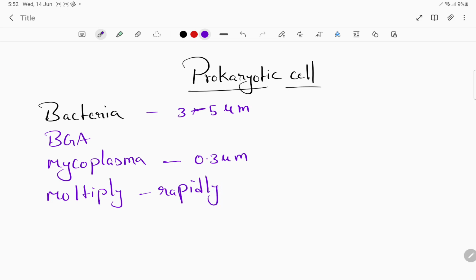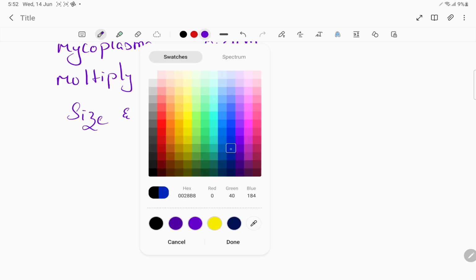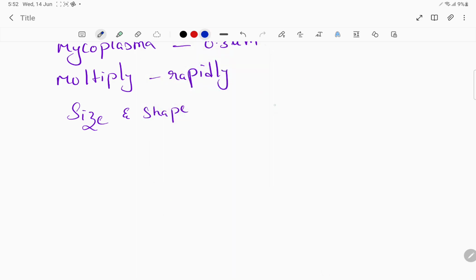And then the eukaryotic cell, they vary greatly in size and shape. The four basic shapes of the bacteria are, so let me show you. If it is round shaped or spherical, this is cocci, and individually we call it as coccus.